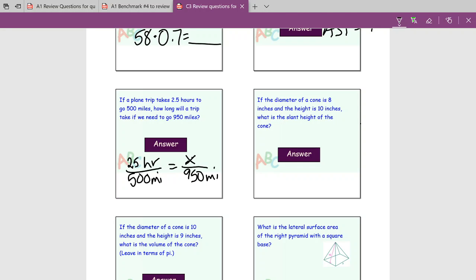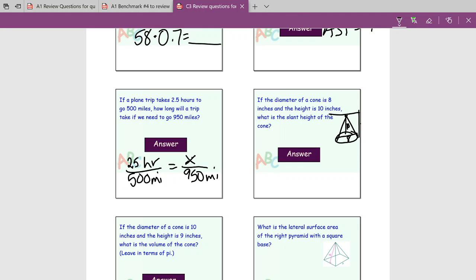All right, if the diameter of a cone is 8 inches and the height is 10 inches, what is the slant height of the cone? Well, slant height, we take a cone and we say, all right, the diameter of this is 8, the height is 10, and we use a cross section of it.